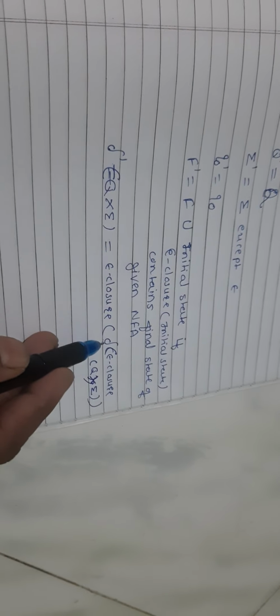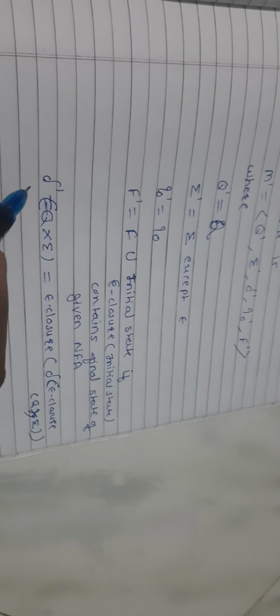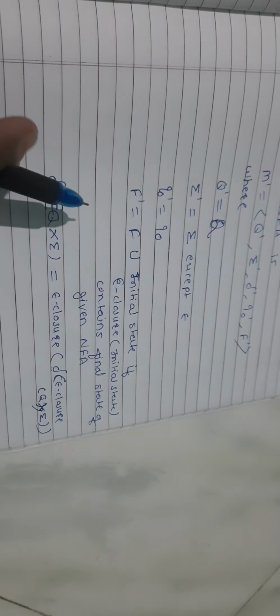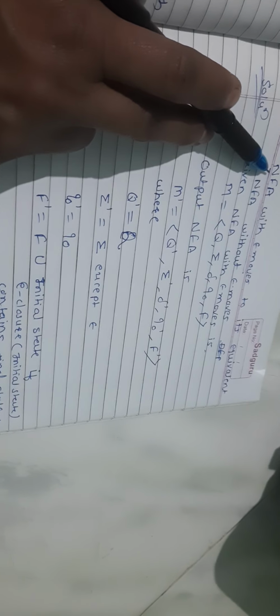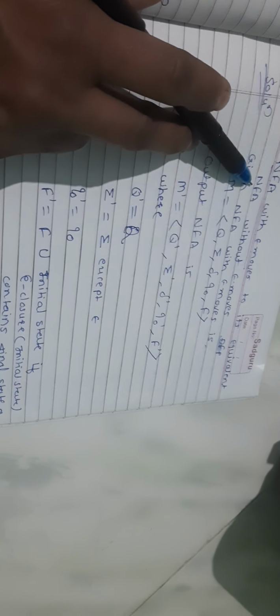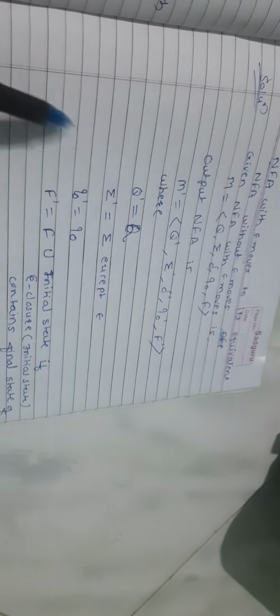Delta is nothing but the mapping function of the given NFA. Delta dash is nothing but the mapping function of the output NFA. So this way we can convert the given NFA with epsilon moves to its equivalent NFA without epsilon moves. Let's see this with the help of one example.